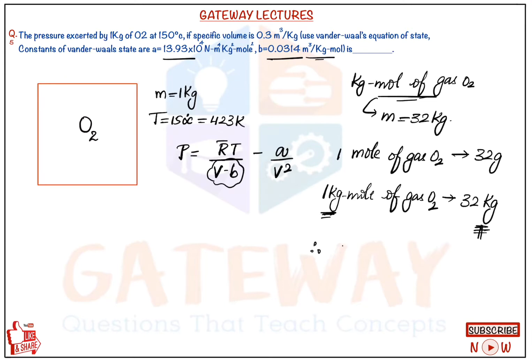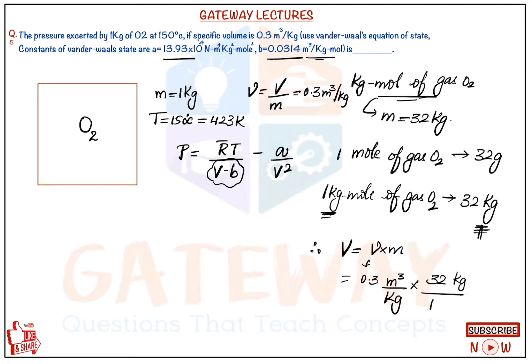Therefore, the capital volume V, here specific volume is given. Specific volume is nothing but total volume V upon M, that is given as 0.3 meter cube per kg. So volume is equal to specific volume into mass, that is 0.3 meter cube per kg into mass 32 kg per kg mole.